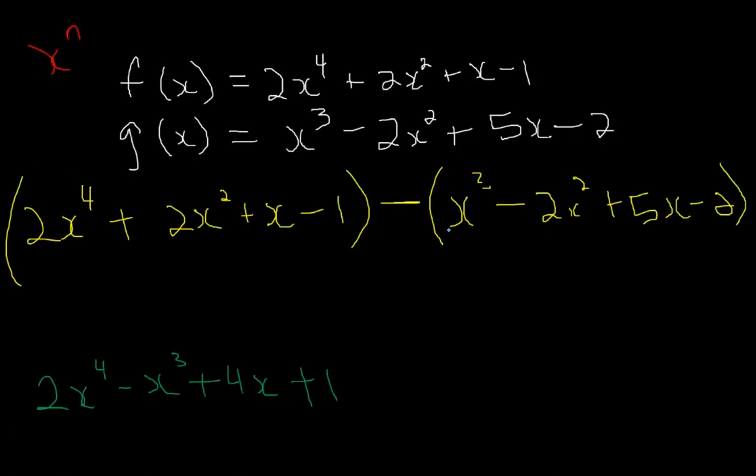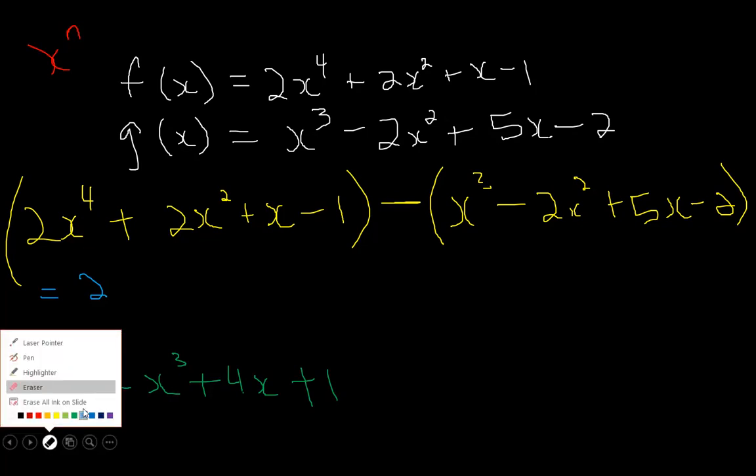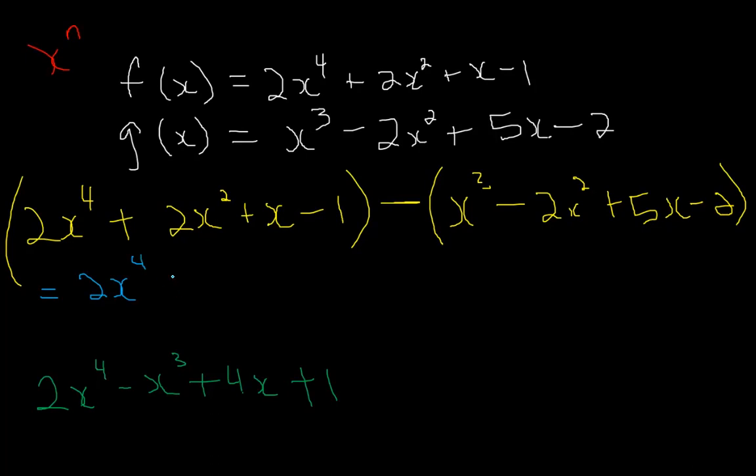So, like I said, this is just basic algebra, what you're always doing. So 2x to the power of 4, I don't see any other like term here, so I can't add or subtract anything from or to that. So it just remains 2x to the power of 4. Wait, I'm missing something. I don't think it's 2x squared minus, right? So that becomes plus.